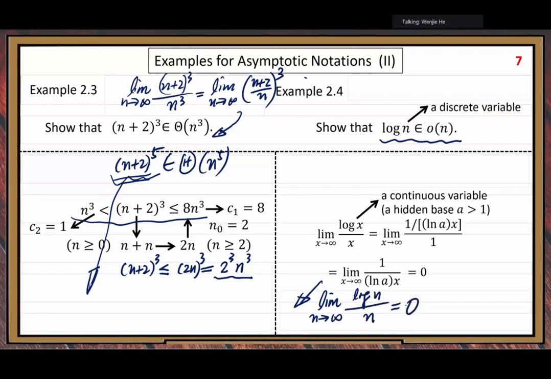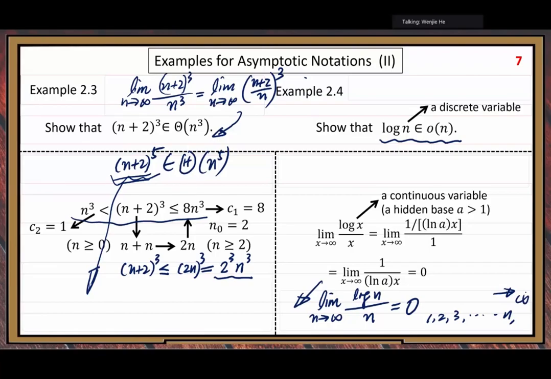Remember, in this step we apply the definition of limit. I explained before: when x approaches infinity, in which way? Any way works. Here we use 1, 2, 3, and so on to infinity. Those are the discrete values.